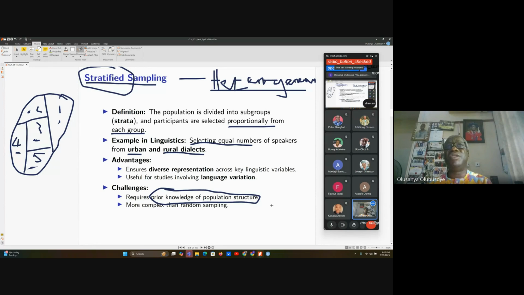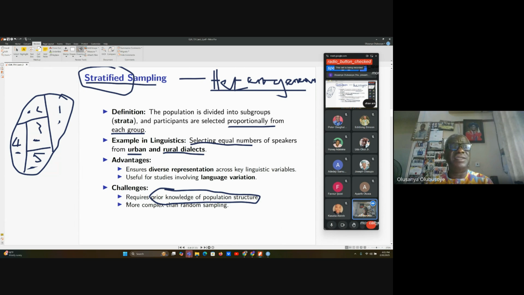Even in churches, in mosques, in communities, there are also groups. That's why you have clans, you have agboles, and so on and so forth. So if you are selecting and there are distinct groups, you must know those groups that make up the population.